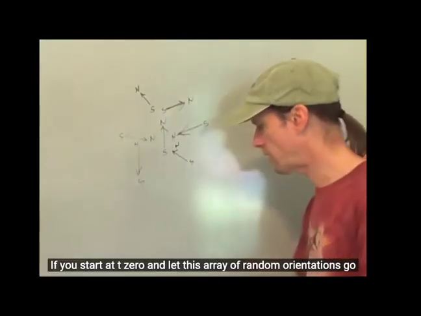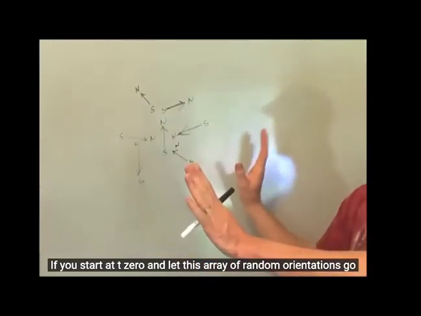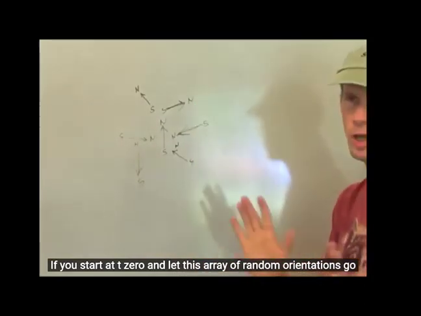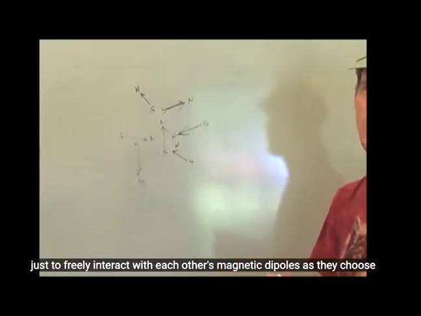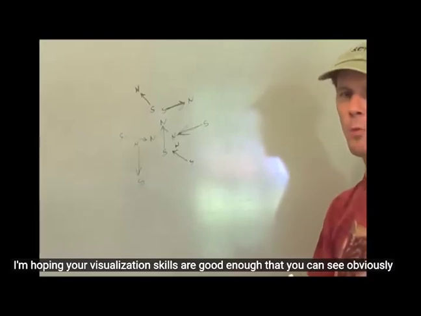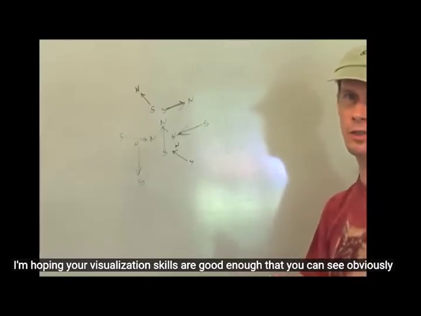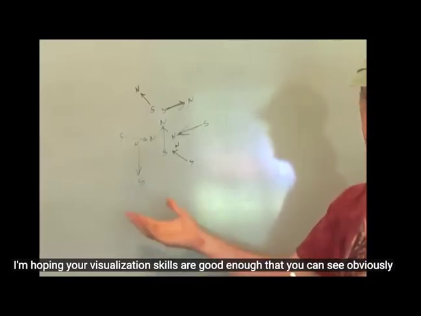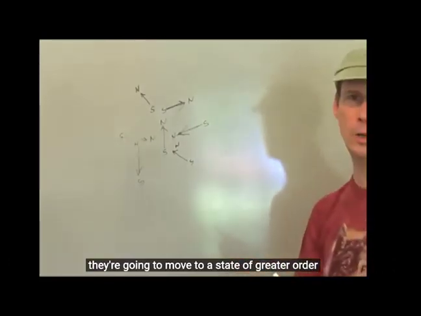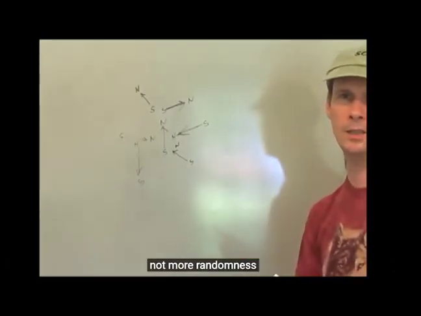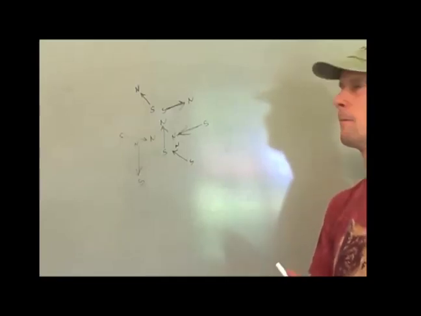If you start at T0 and let this array of random orientations go, just to freely interact with each other's magnetic dipoles as they choose, I'm hoping your visualization skills are good enough that you can see, obviously, they're going to move to a state of greater order. Not less, not more randomness.